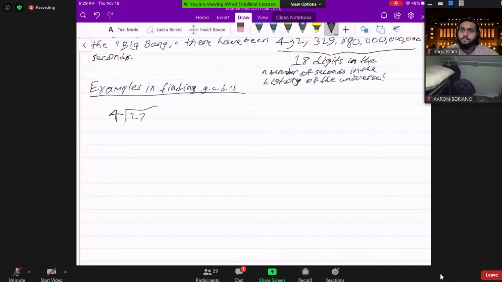All right, so 4 into 27 is 6, then we multiply back. That's the BQ in the division algorithm. You multiply it back, and then subtract.